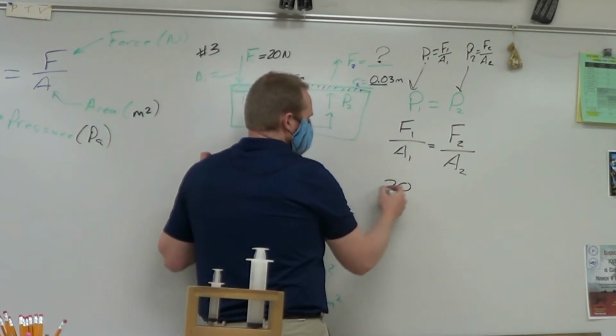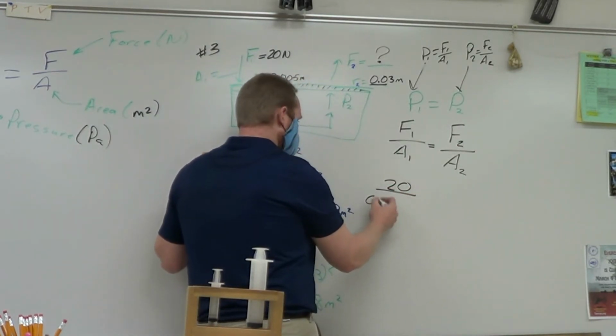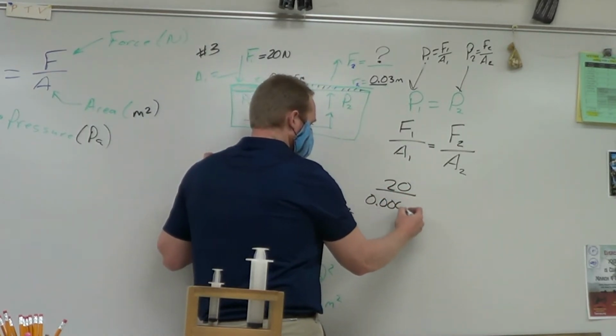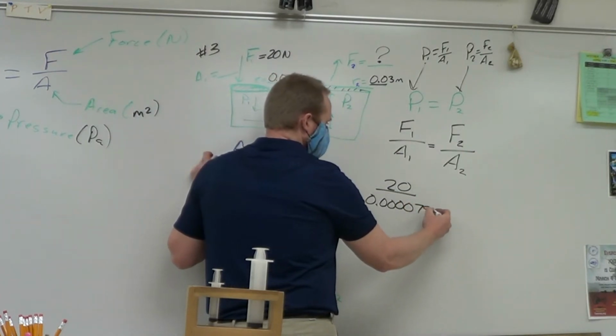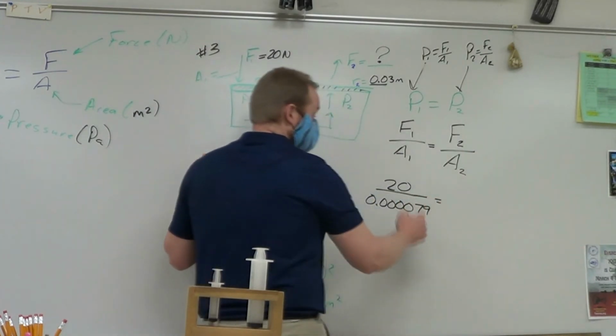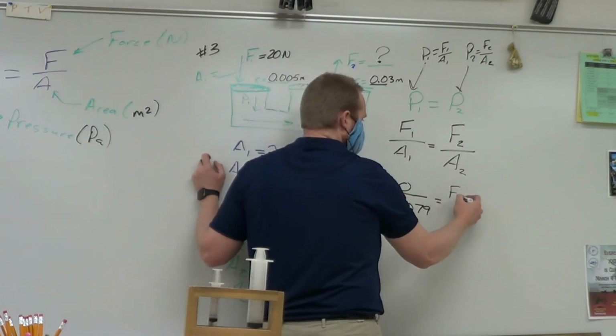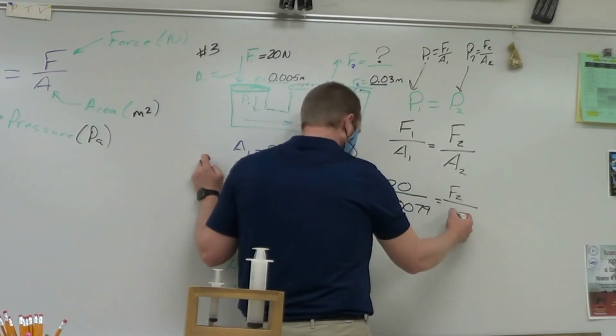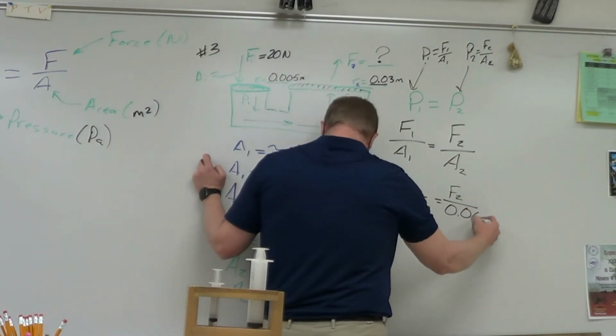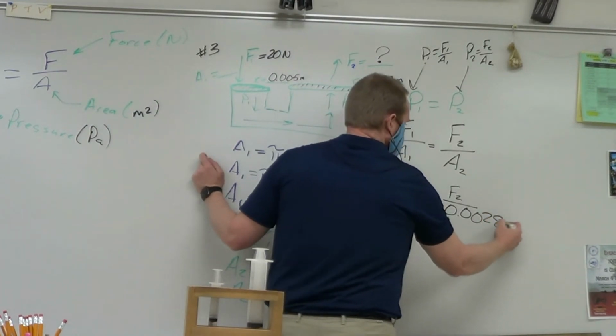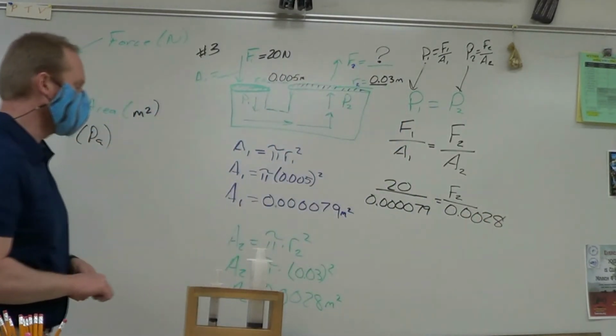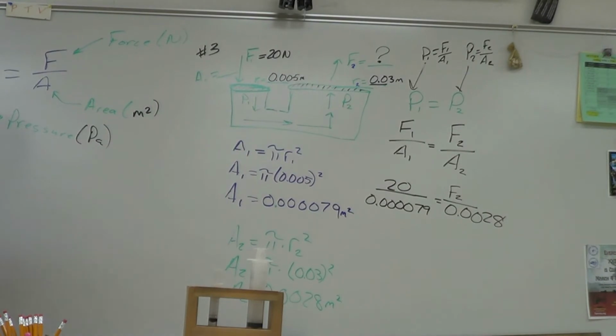So F1 was 20 divided by the area of 0.000079. Now there's more digits in my calculator, and I'm going to use my stored value to get a less rounded value. And that equals F2 divided by my A2. Most people would choose to cross multiply and divide this, which I would also choose to do.